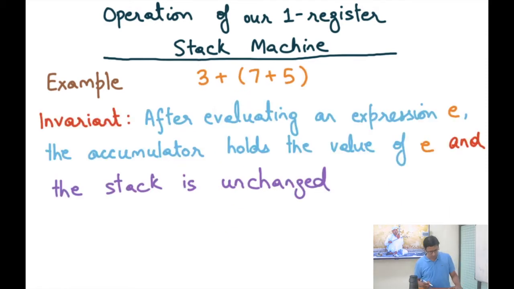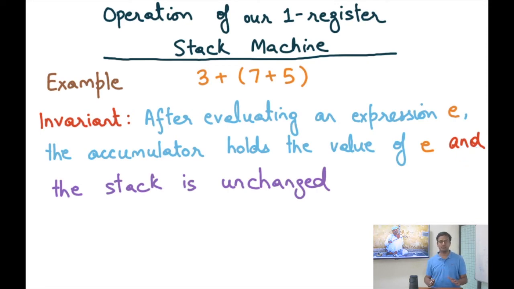Alright, so here's the invariant that I want to follow. After evaluating an expression E, the accumulator holds the value of E. So that's the invariant that I'm using in my code generation strategy. For example, when I compute E1, I assume that after E1 has been computed, the computed value is stored in the accumulator. The other invariant that I'm following is that the stack is unchanged.